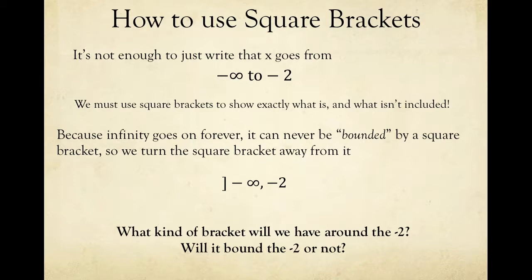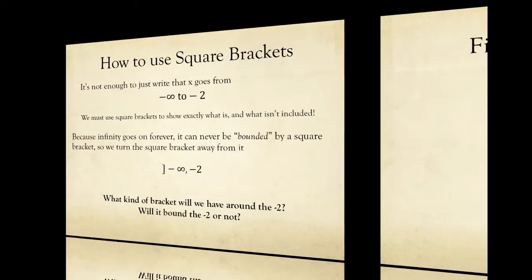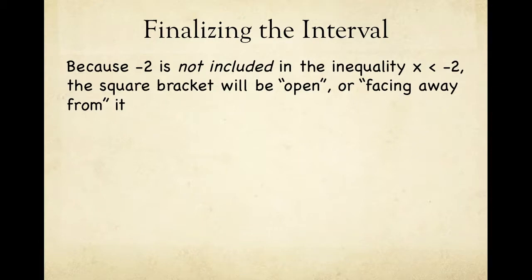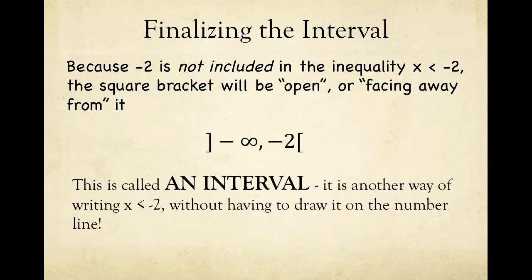Will the square bracket hug the negative 2 or not? Because the negative 2 is not included in the inequality x is less than negative 2, the square bracket will be open, or facing away from it. So we have something that looks like this. And this is called an interval. It is another way of writing x is less than negative 2 without having to draw it on the number line.